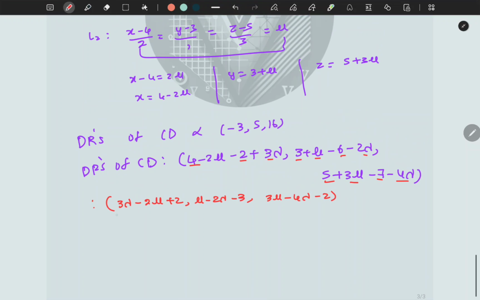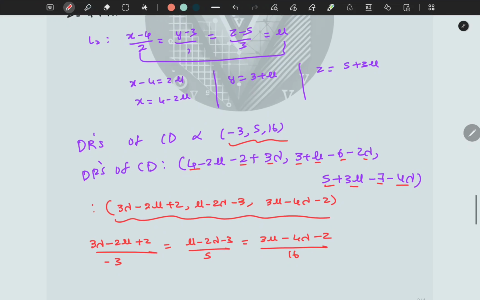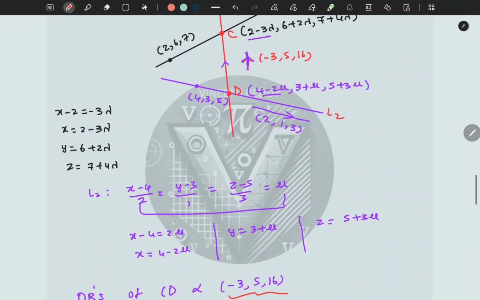Since these direction ratios are proportional to minus 3, 5, 16, we can definitely write (3 lambda minus 2 mu plus 2) divided by minus 3 is equal to (mu minus 2 lambda minus 3) divided by 5, and that is equal to (3 mu minus 4 lambda minus 2) divided by 16.